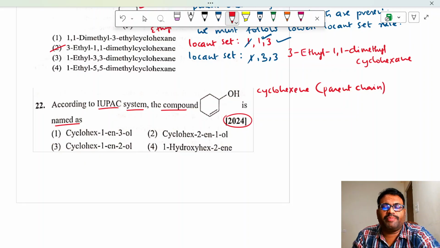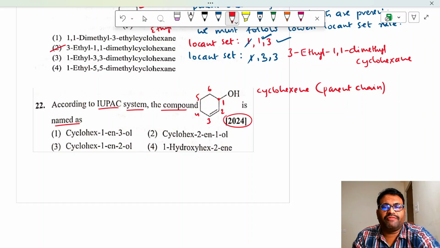When you are numbering this parent chain, you are finding one double bond and one functional group. Among the multiple bond and functional group, to whom do you have to give preference? You have to give preference to the functional group. So the numbering starts from here: 1, 2, 3, 4, 5, 6.